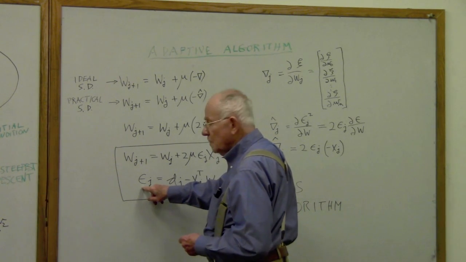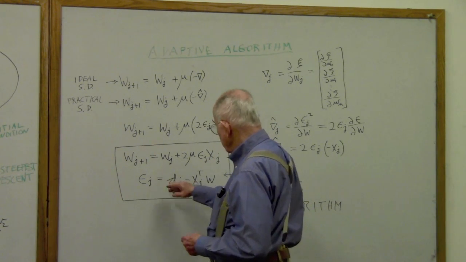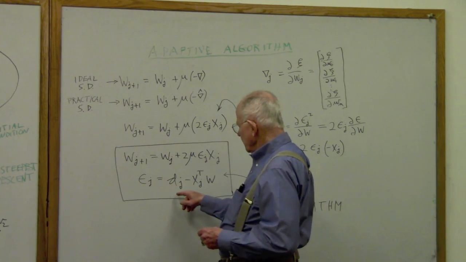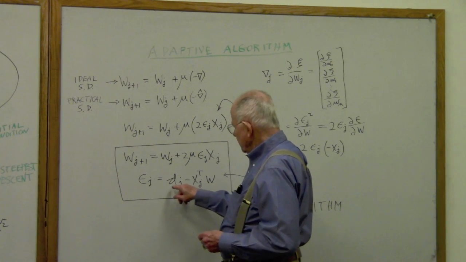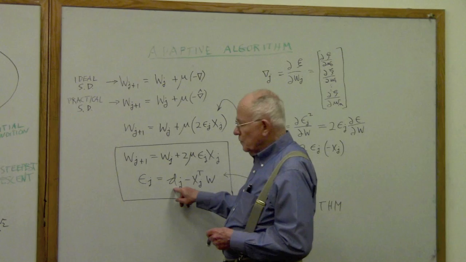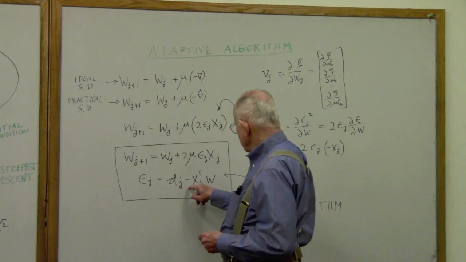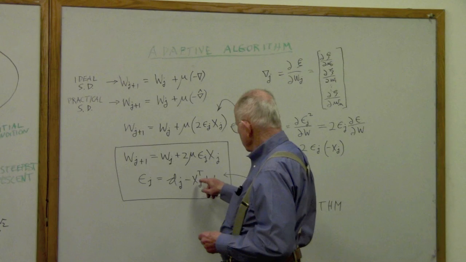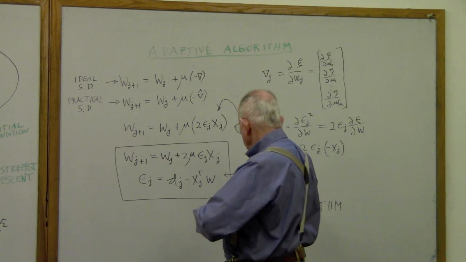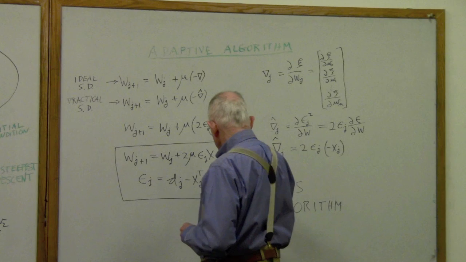And the error epsilon j, the instantaneous error, is the difference between the jth desired response for the jth input pattern and the actual response, which is xj transpose w. This should really be w sub j.